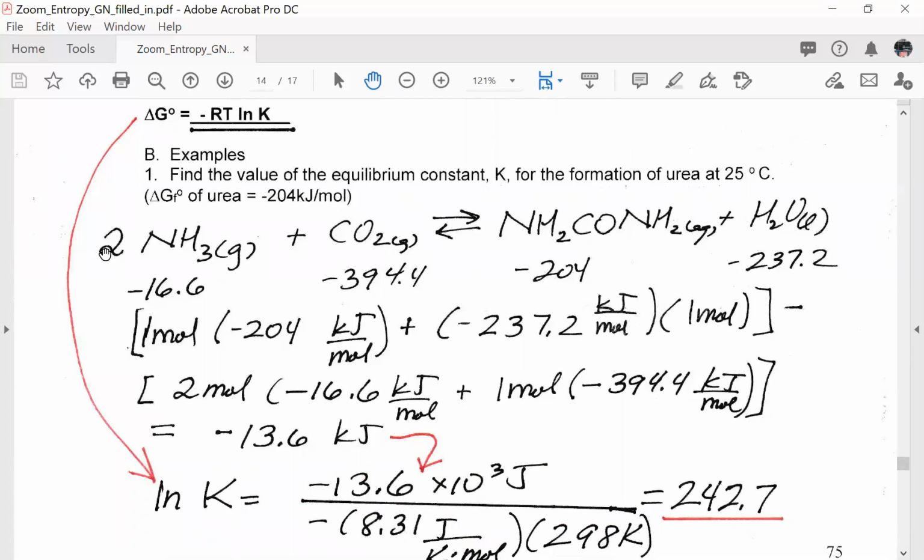So we've got some stoichiometry here. So 2 moles times minus 16.6 kilojoules per mole, 1 mole times minus 394.4 kilojoules per mole. The products minus reactants, we get a minus 13.6 kilojoules. The moles cancel.